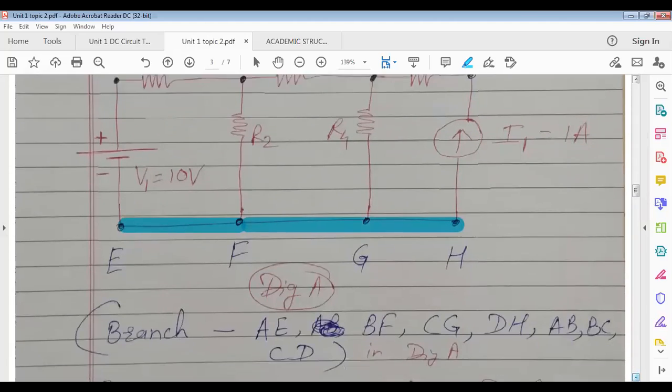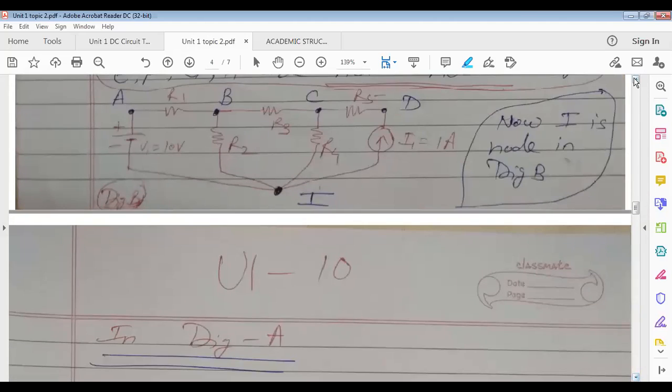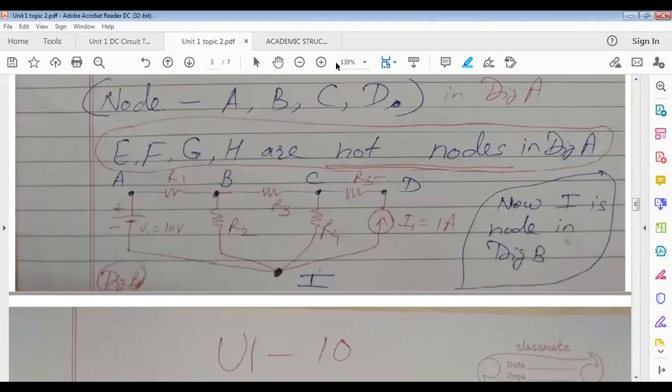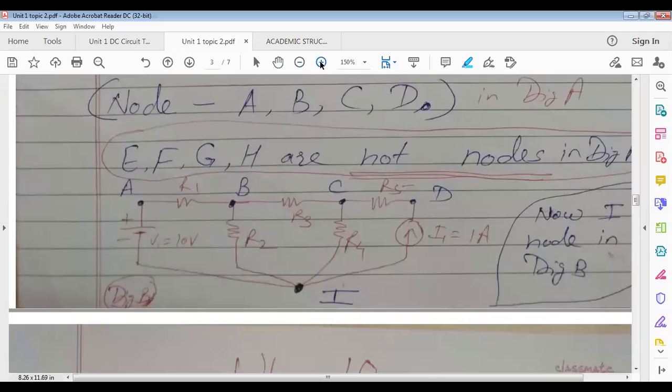Now, in the same circuit, what I have done is connected these branches at the bottom like this. Observe this circuit. Can everyone observe this diagram?